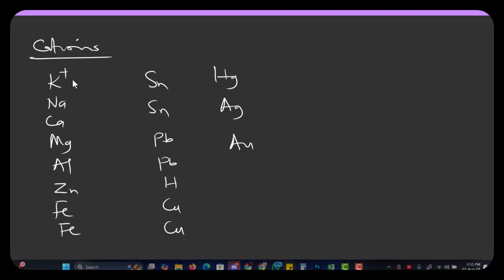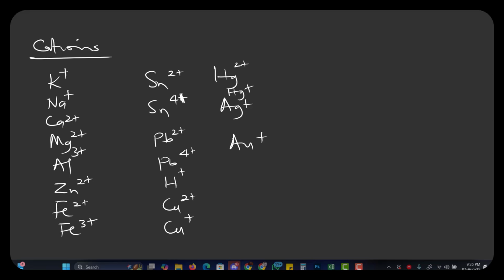So this is plus, plus, 2 plus, 2 plus, 3 plus, 2 plus, 2 plus, 3 plus, 2 plus, 4 plus, 4 plus. Now this is 2 plus, this is 4 plus, this is plus, this is 2 plus, this is plus, this is mercury 2 and mercury 1. We have mercury 2, Hg plus, silver 1 plus as well. These are the cations that I have so far.